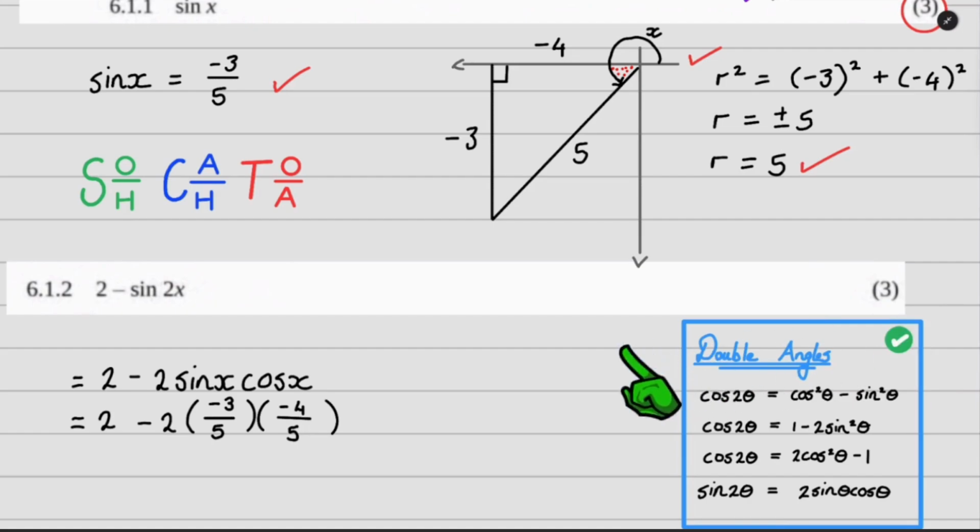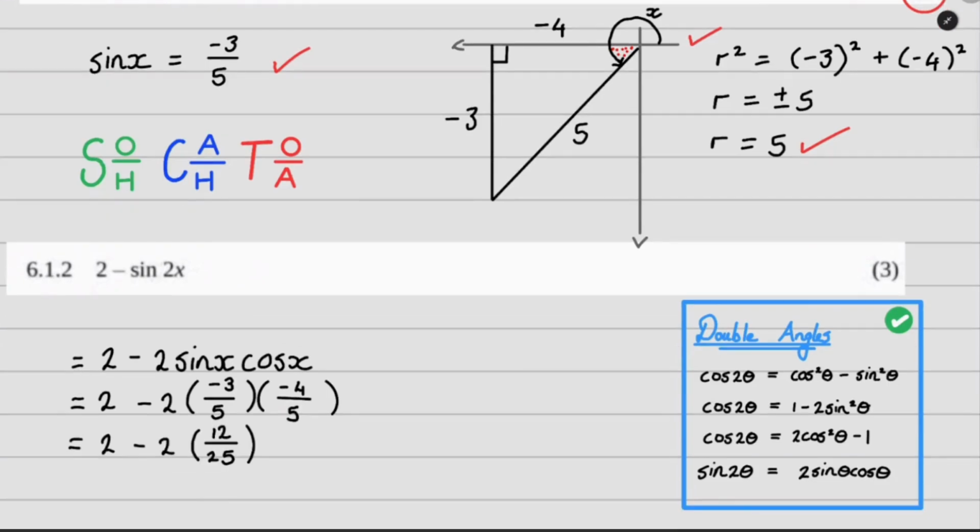And now we've just got to work out this without our calculator. So I'm going to do the two fractions first. I'm going to say top times top to get my new top, and bottom times bottom to get my new bottom. And this 2 minus 2 won't change at all. So negative 3 times negative 4 gives me that 12, and 5 times 5 gives me that 25.